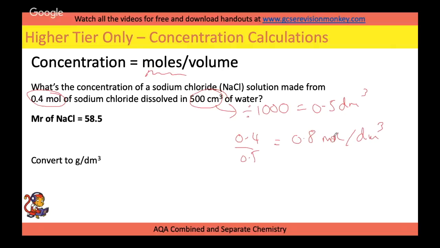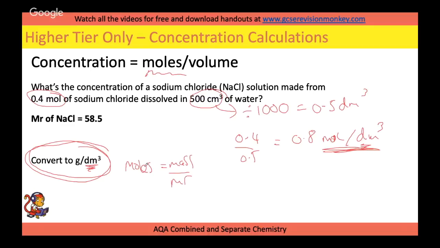Now, if you're wanting moles per decimeters cubed, but then you need your answer in grams per decimeters cubed, the decimeters cubed bit is staying the same. So you need to think how you convert moles to grams. So then you use the equation moles equals mass over Mr. So if we want to get from moles to mass, we would need to multiply by the relative formula mass.